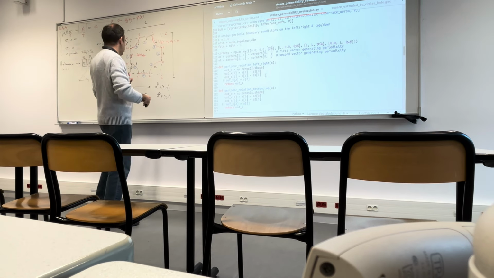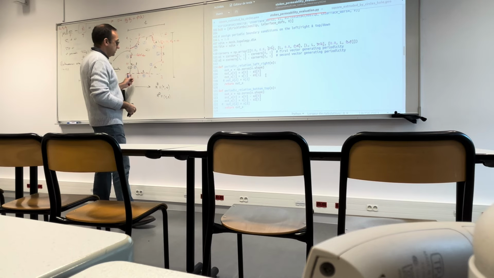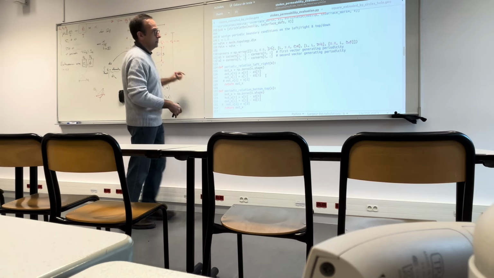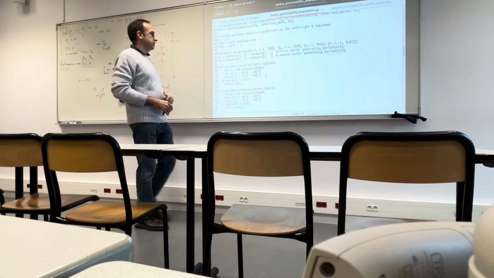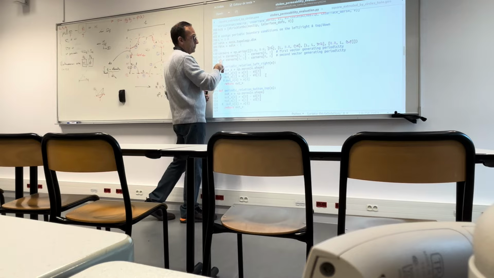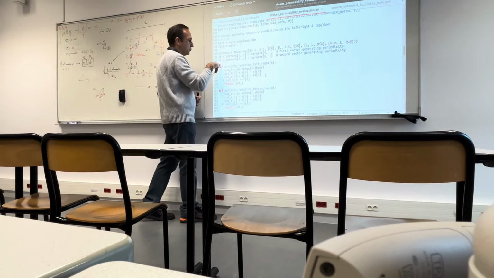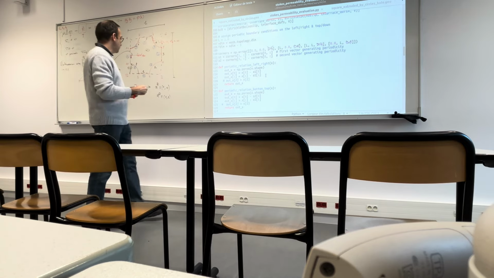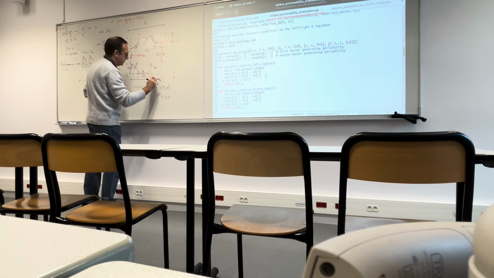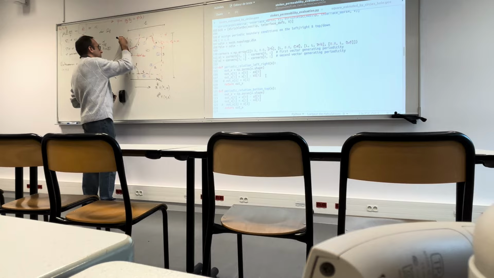So the corners are (0, 0), (L, 0), (L, L), and (0, L), L being 1. I define A1 and A2, which are the two vectors. This one is A1, and this one is A2.